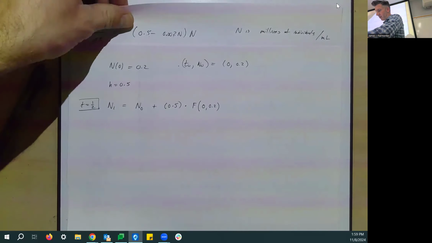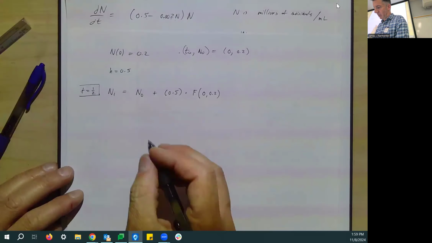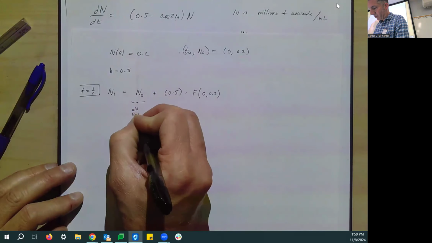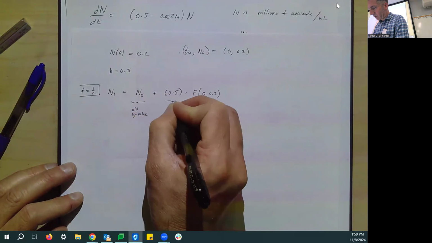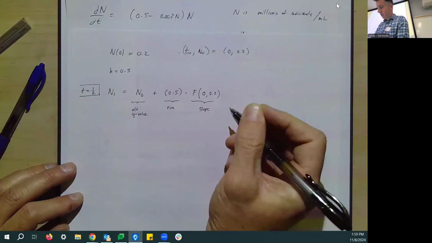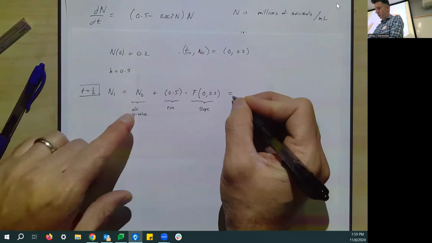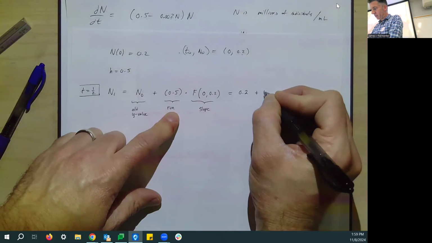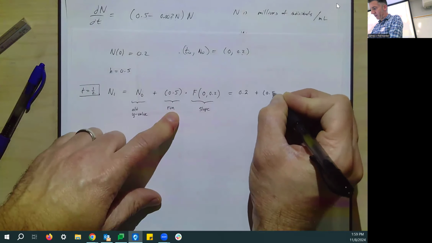And again, I know I've said it a bunch of times already, but my old y value, this is my run, this is my slope. So in this case, it's going to be my old y value, which was 0.2, plus 0.5 times my slope, which I'm just going to get by plugging this point into my dn dt here. Which is really kind of gross.